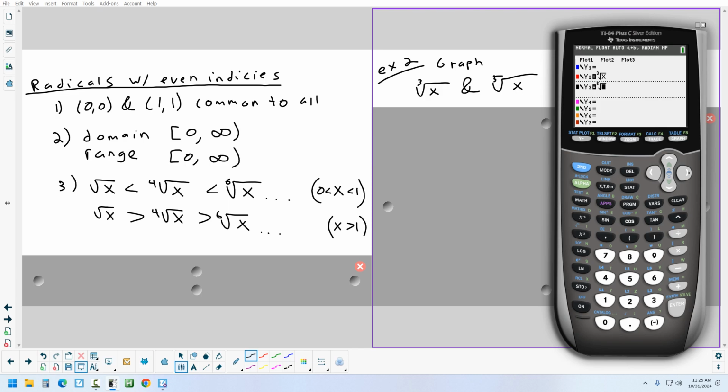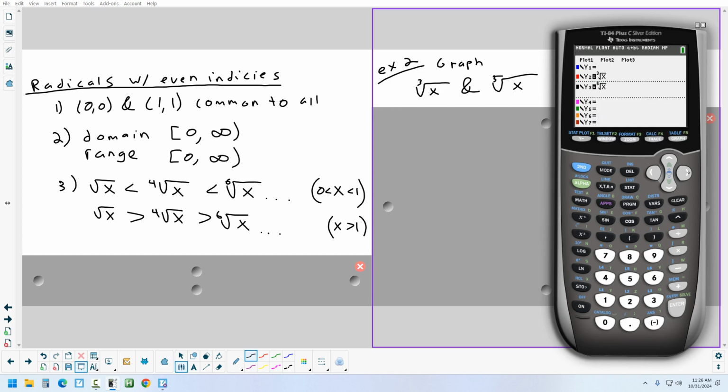I need something times something times something that gives me negative 8. Yeah, negative 2. So the cube root of negative 8 is negative 2. So what does that tell you when you're trying to find an odd root? Does it matter if it's positive or negative? No, you can do it either way. With even roots, no, you can't. But with odd roots, you can do positives or negatives. And you will never get imaginary with odd roots.